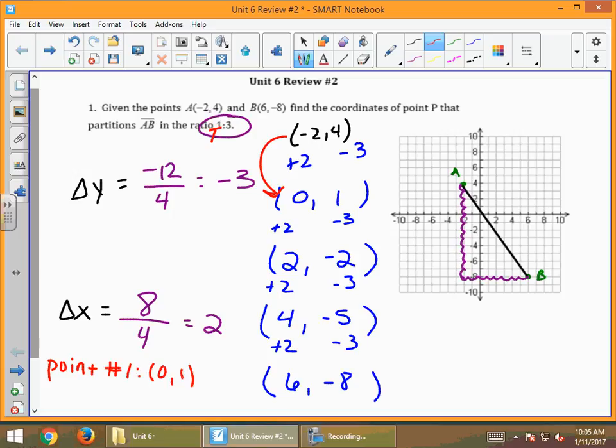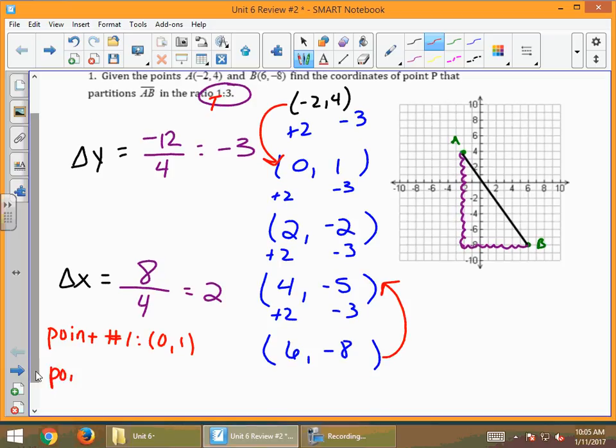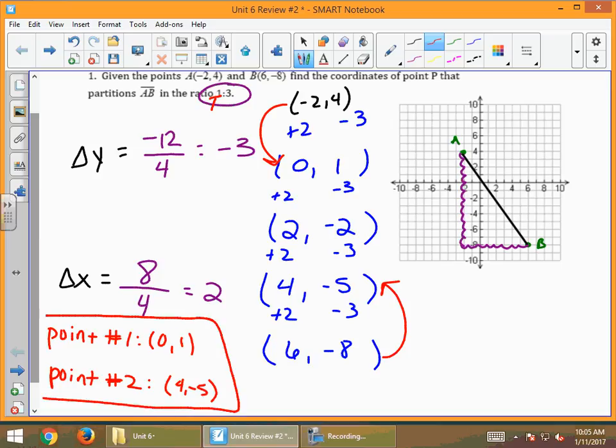Repeat that same process with your second point: start with the second point, make a jump, and that's going to be your second point. So we'll move it aside.